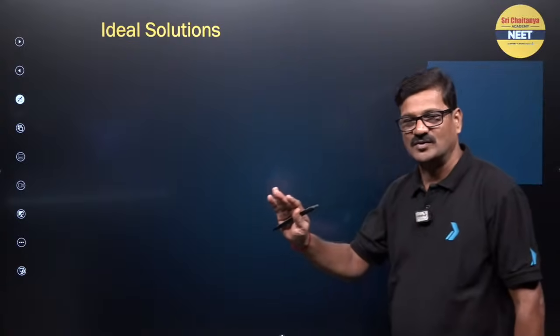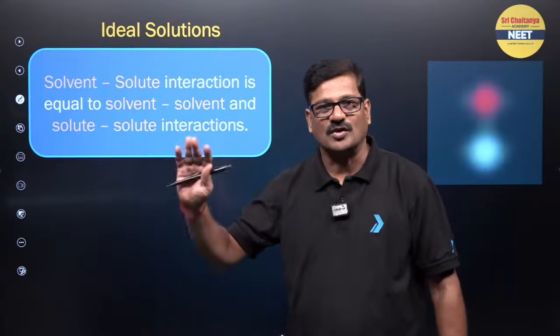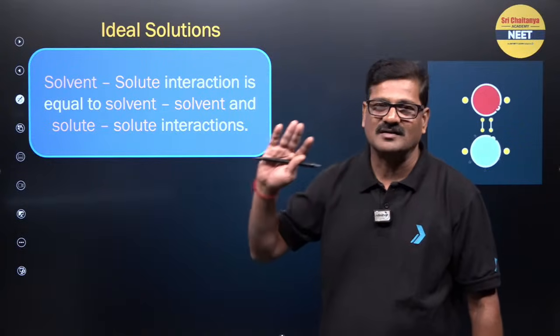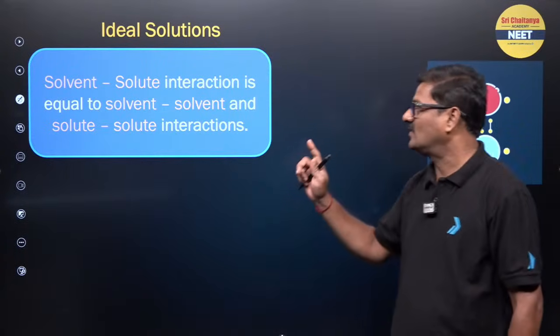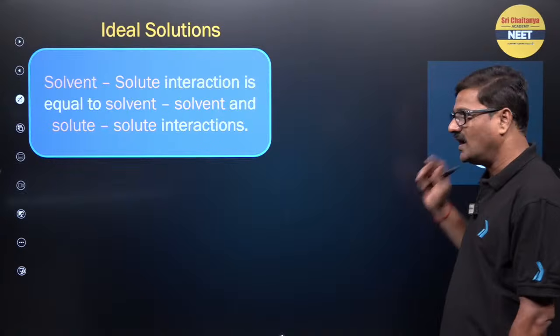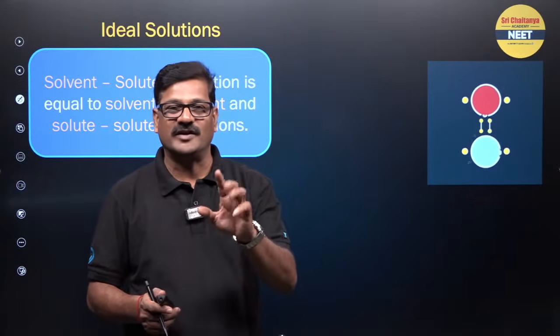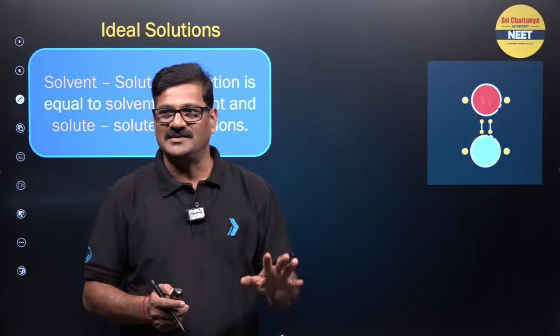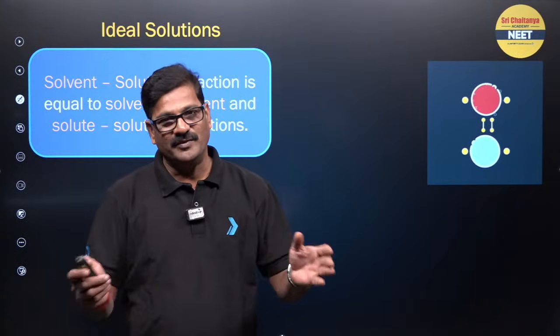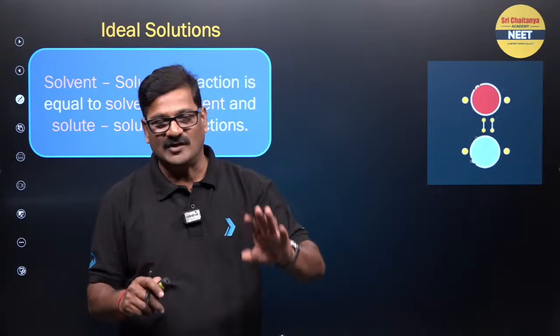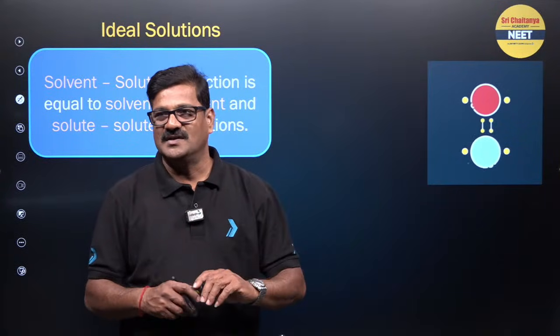And moving ahead, what is an ideal solution? An ideal solution is a solution which obeys Raoult's law at all conditions. In the ideal solution, the only one game is intermolecular forces. The intermolecular forces before mixing are equal to after mixing.